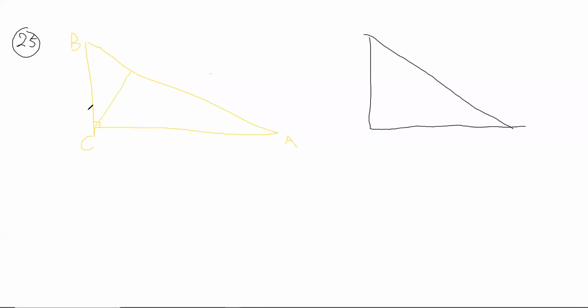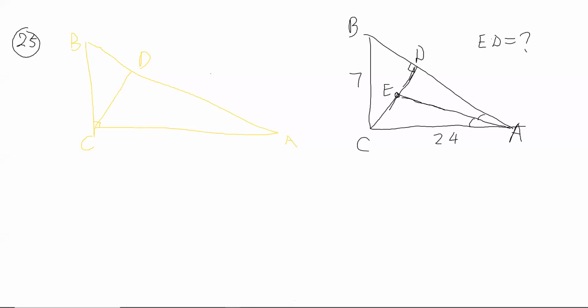Let me draw this for you, okay? So I can draw this faster. So this is an angle bisector here. Okay, so this point is E, this point is D, and the side lengths here are 7, 24, and 25, and we need to find ED.